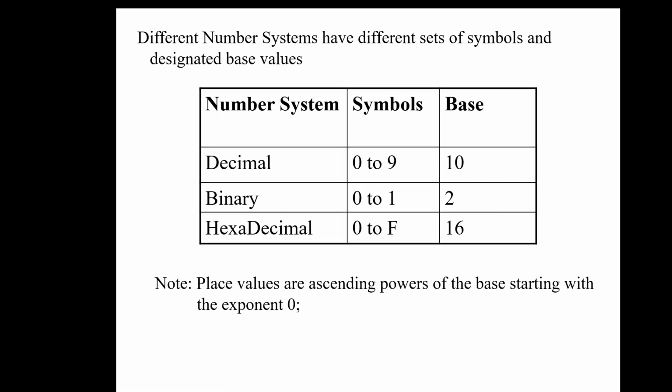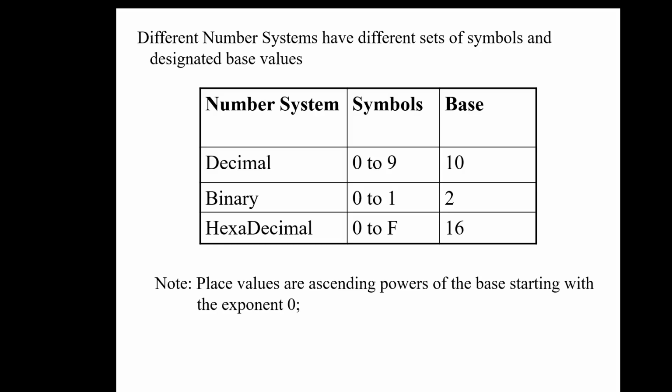Different number systems have different sets of symbols and designated values. For example, the decimal number system uses the numbers 0 to 9, and the base of the place value is 10. When we say base, the place value is computed by ascending series of exponents starting with 0.